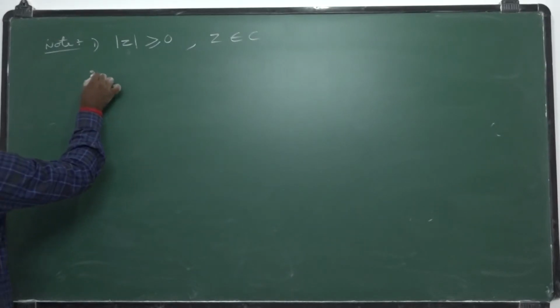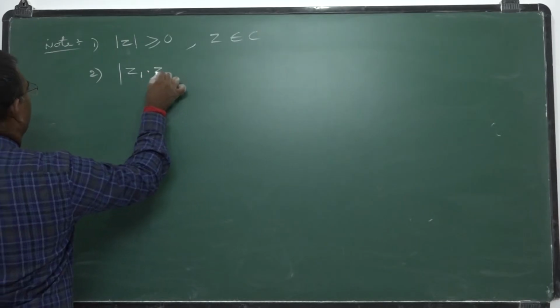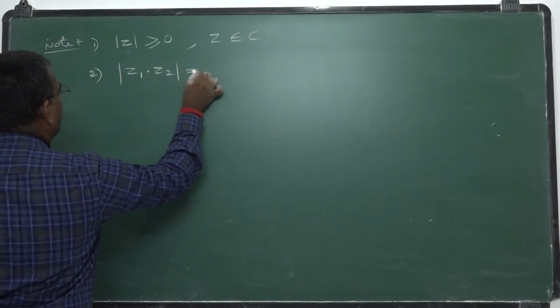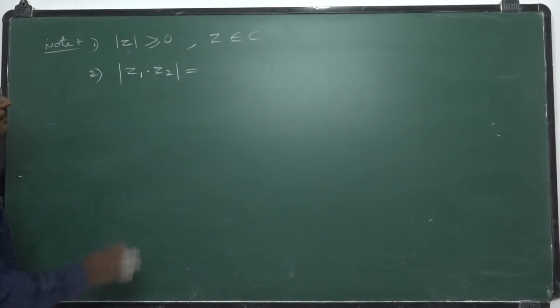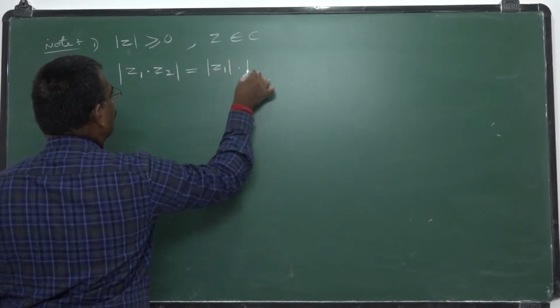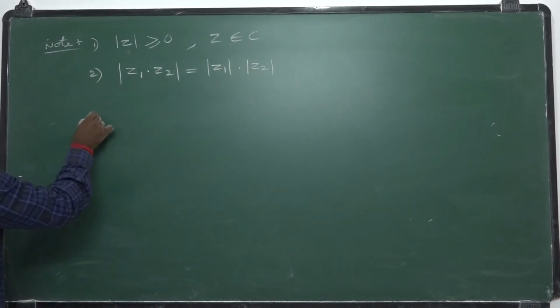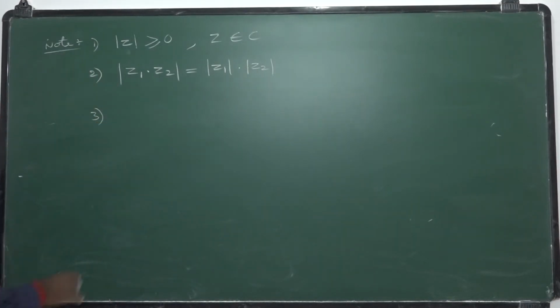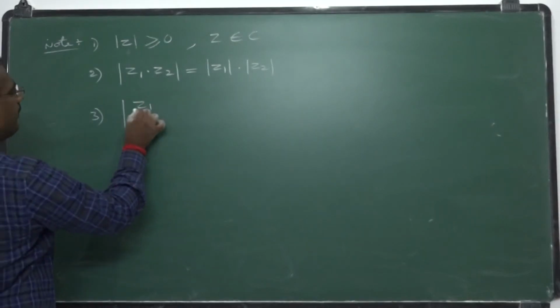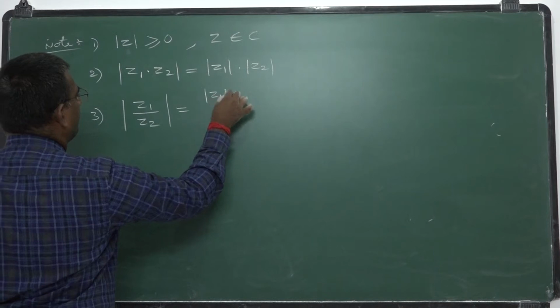And next is second point, modulus of z1 into z2. Suppose z1 and z2 are two complex numbers. Modulus of z1 into z2 is equal to mod z1 into mod z2. Next, third point, modulus of z1 by z2 is equal to mod z1 by mod z2.